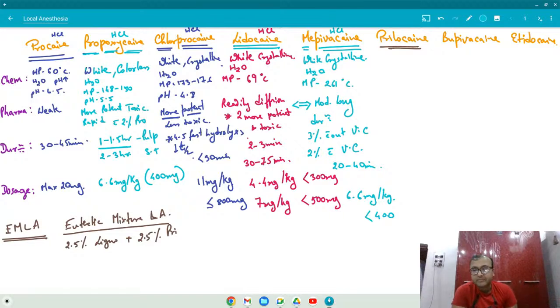This is the reason we are discussing these things in this chart form. Here you can have that comparison, and when you have that comparison, you will be able to remember it. So these are some features of the various kinds of local anesthetics that we are using. Moving on.